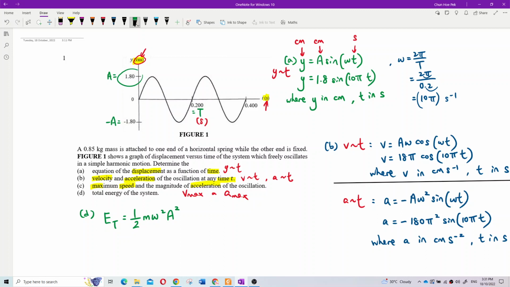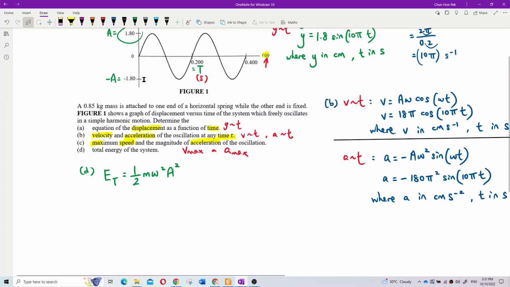In the exam, if suddenly they ask about total energy, you will remember that day I did respond, that total energy is half m omega square A square. I helped myself that day. Hopefully you remember the formula.